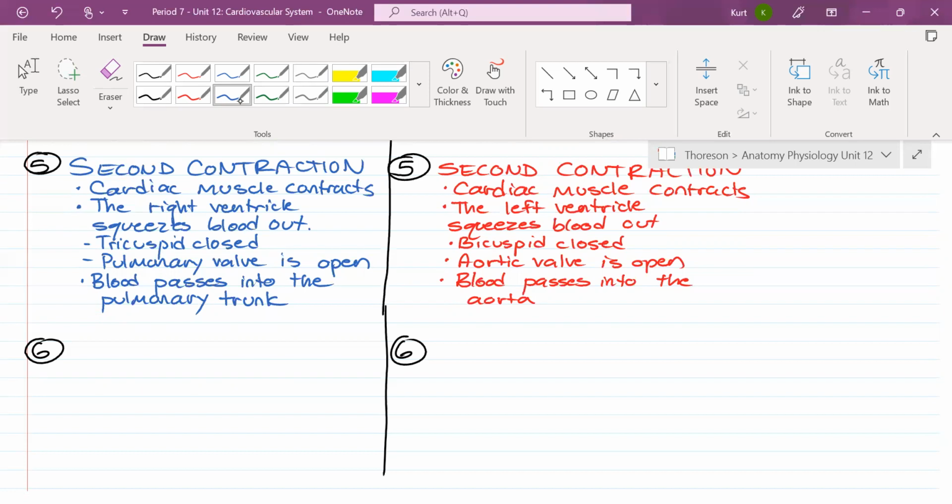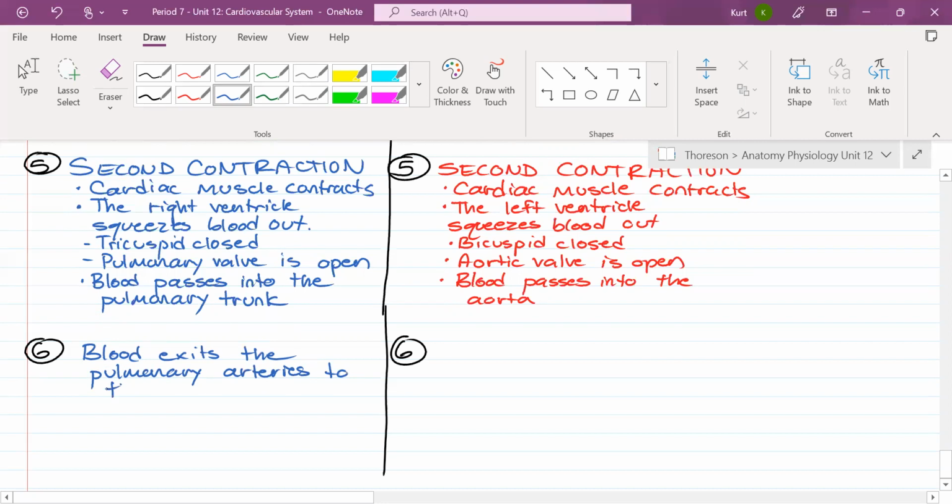The right side, your deoxygenated part. Right. So blood exits the pulmonary arteries to the, where are they going? Where's the blood going? Lungs. Very good.